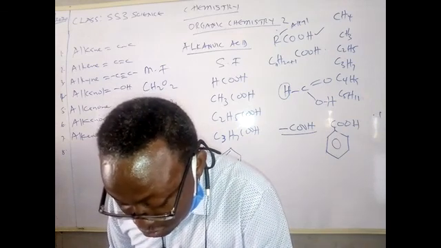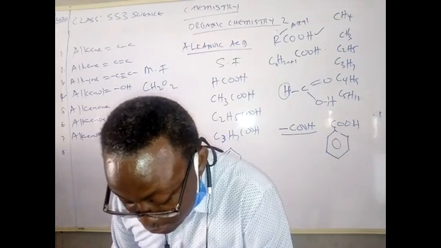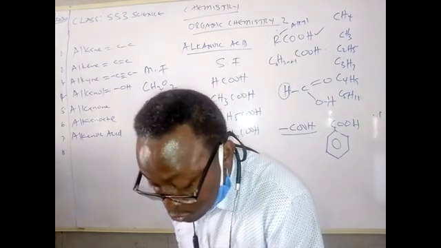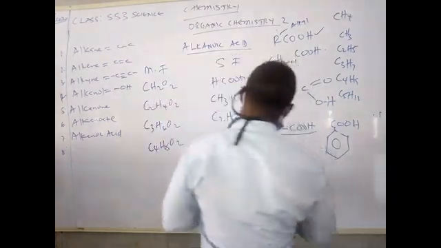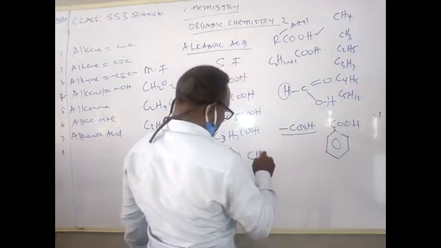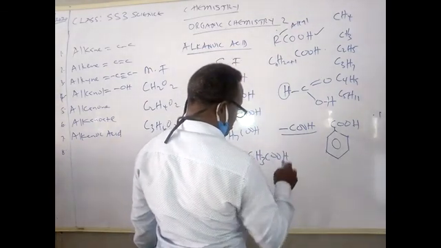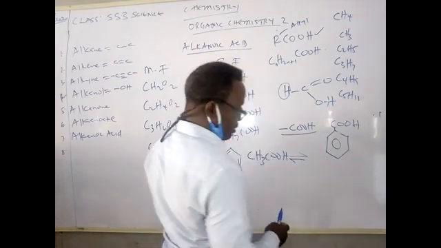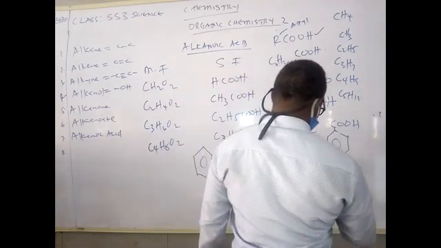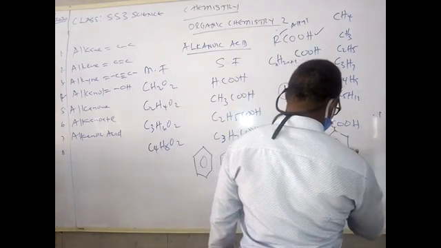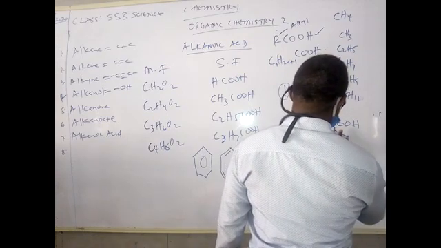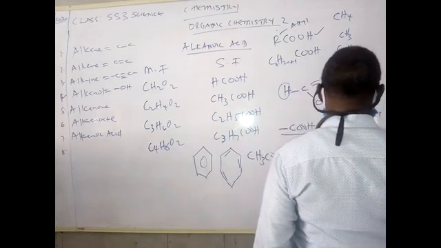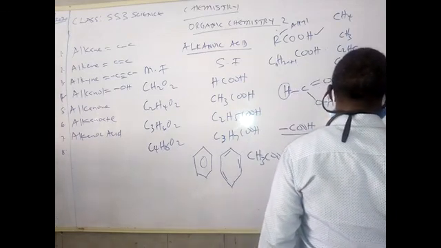Alkanoic acid can dissociate in aqueous solutions to produce hydrogen ions. So you could have ethanoic acid, for instance, being a weak acid, dissociating to give you CH3COO minus plus hydrogen ion.